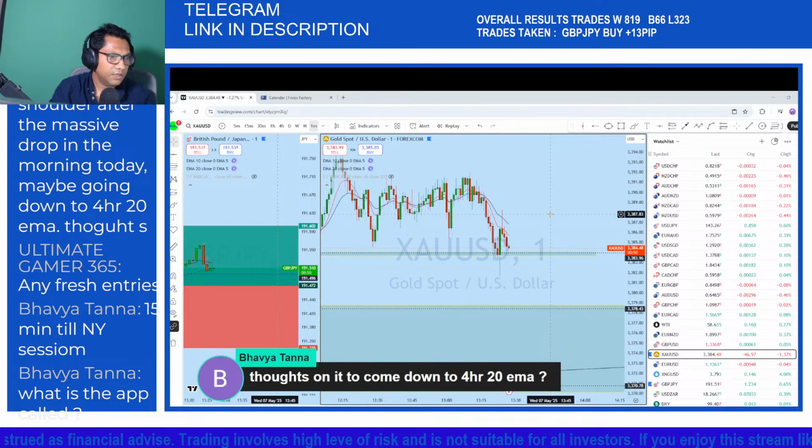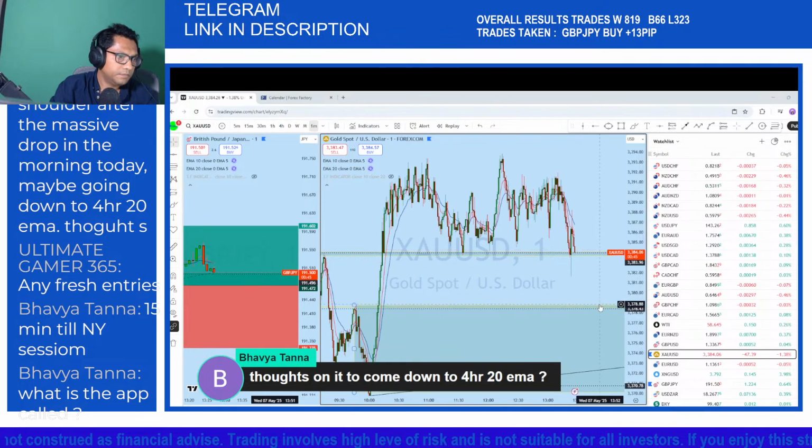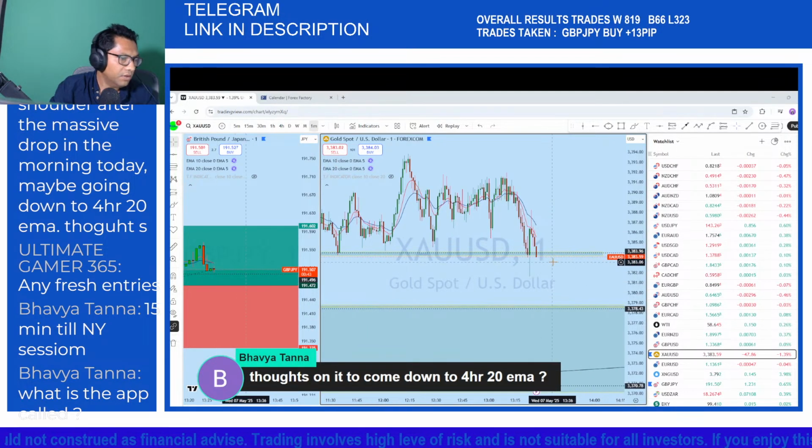What you can see here, the lower time frame coming for a weak fill.